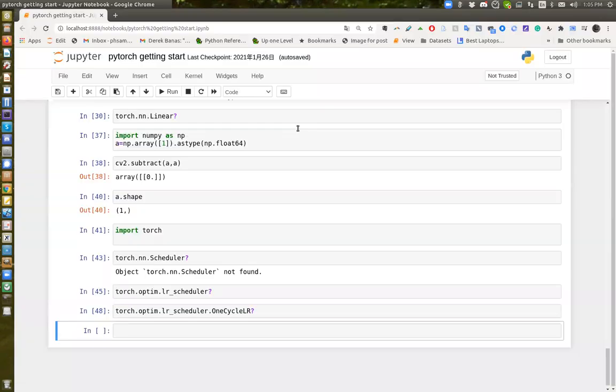What I mean is, we pip install OpenCV Python.